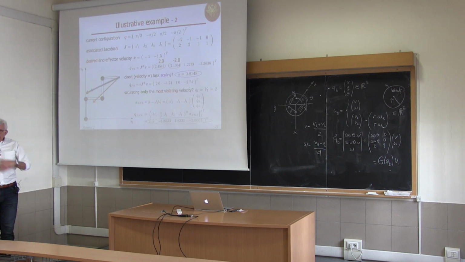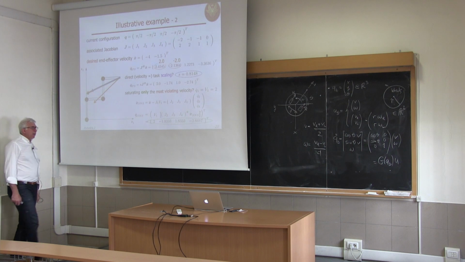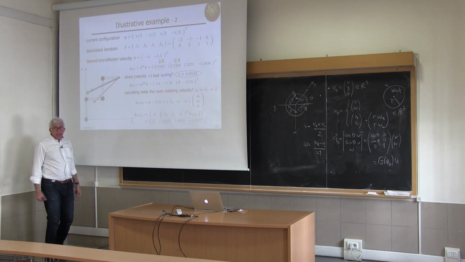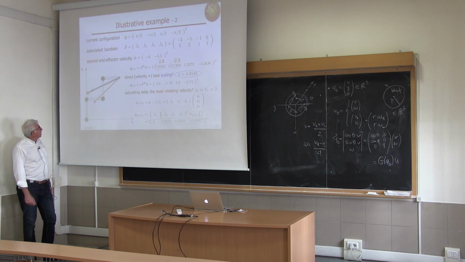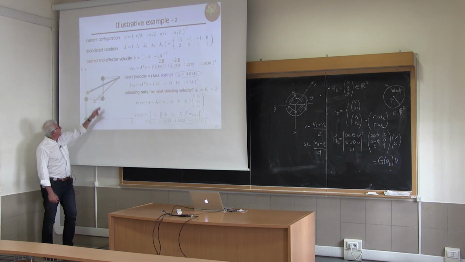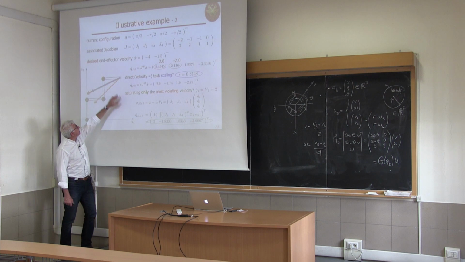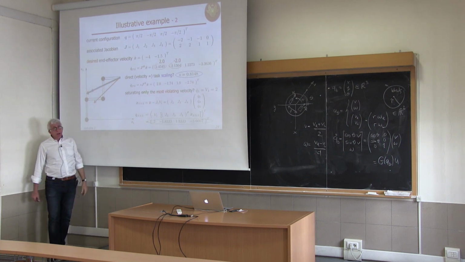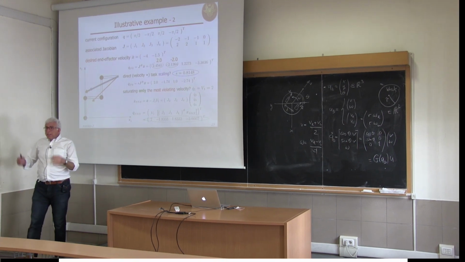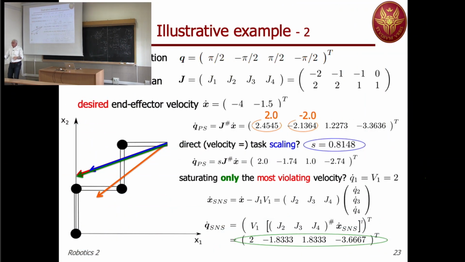If this was not the case, we would iterate or stop and scale the task because we know that it's unfeasible. So with this green solution, the SNS, the green arrow is superposed to the red arrow because we are doing the task exactly in the desired direction with the desired intensity. So something that we would have given up if we had performed simple task scaling.